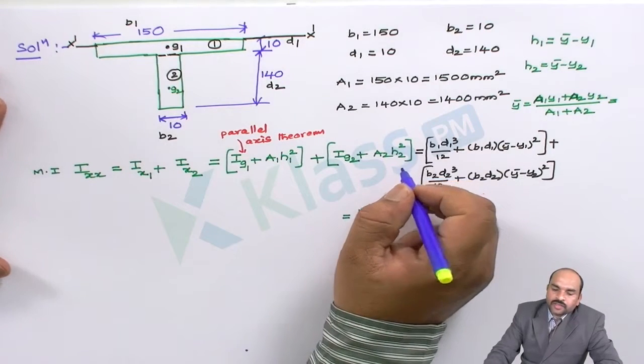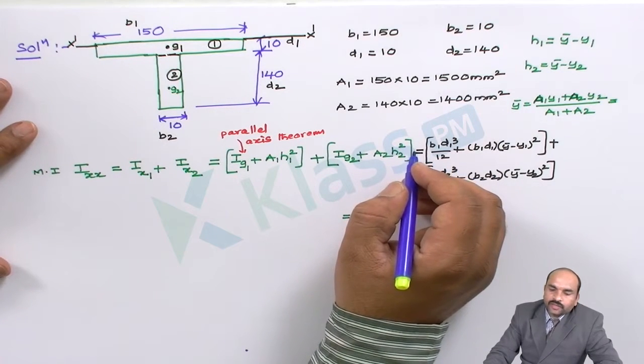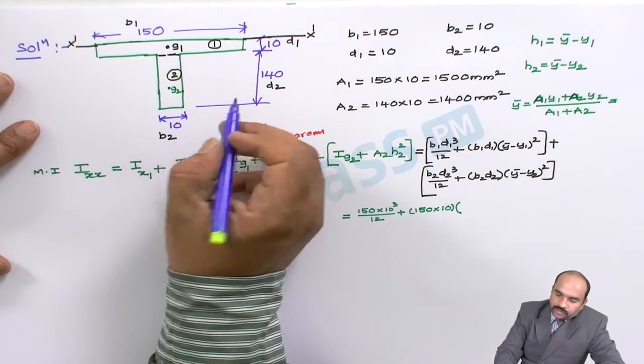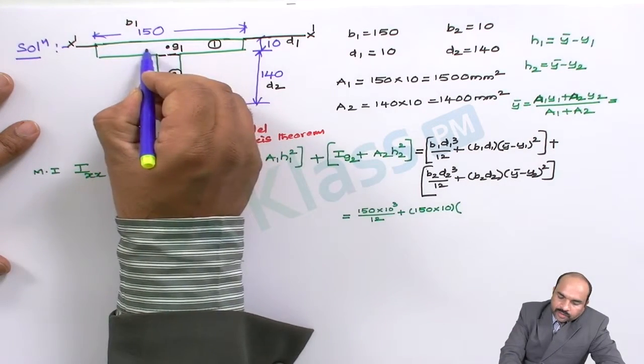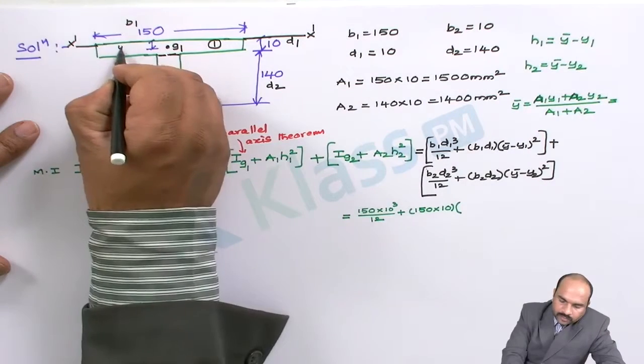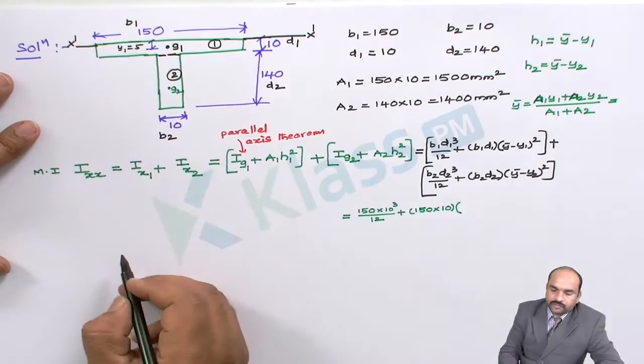From this, let us calculate y1. So y1 is 5, because this length is y1. You can see in the diagram y1 is 5.